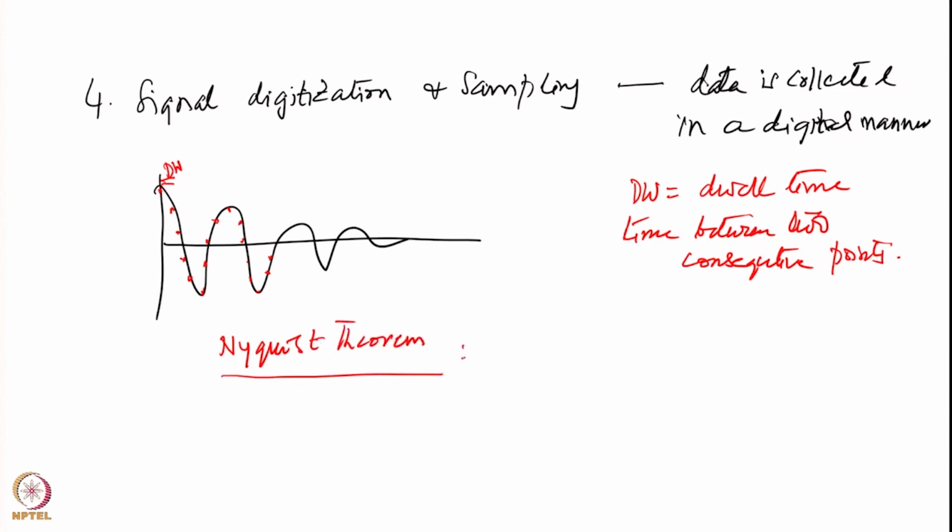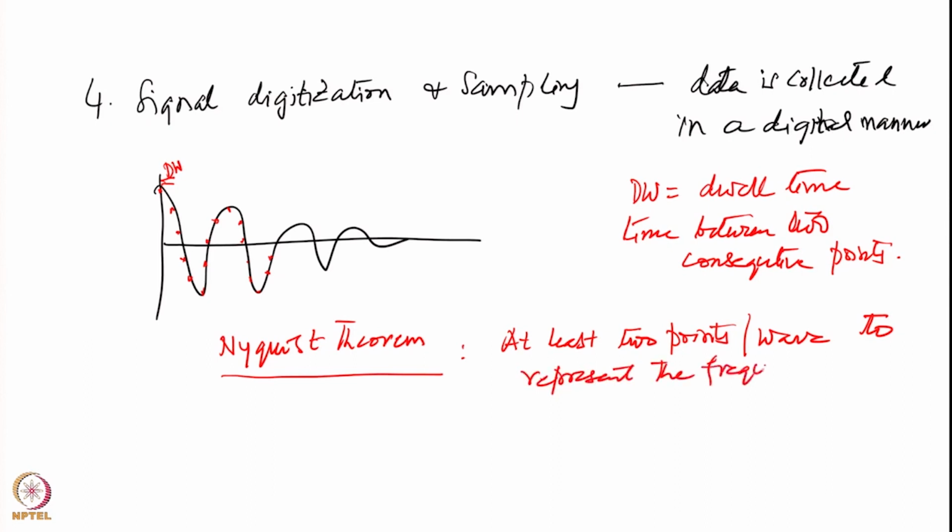It says you need at least 2 points per wave to represent the frequency correctly. This determines what is called sampling, meaning how you collect the data individually. So Nyquist's theorem tells me how many data points I should collect.